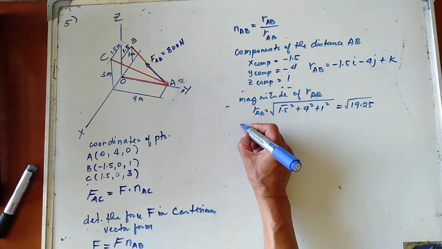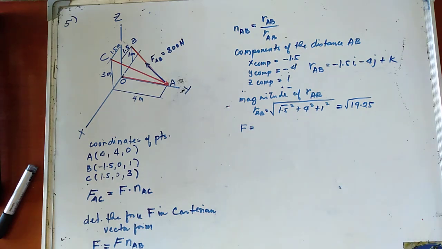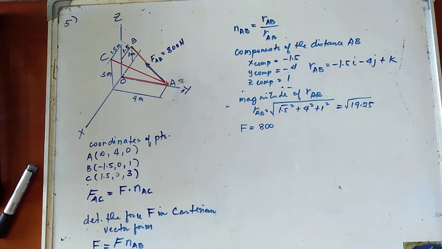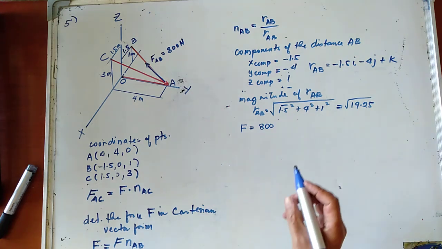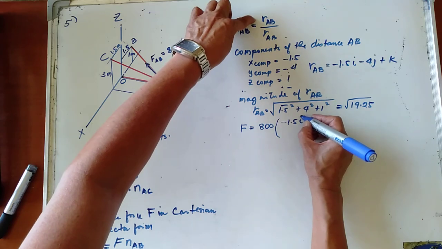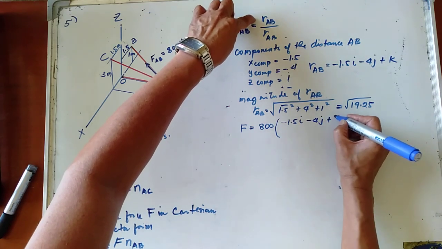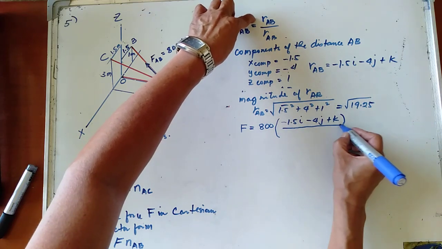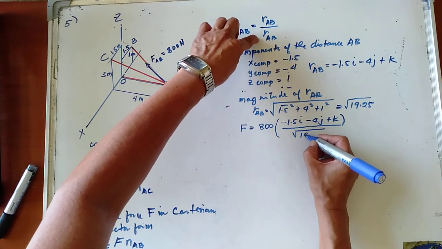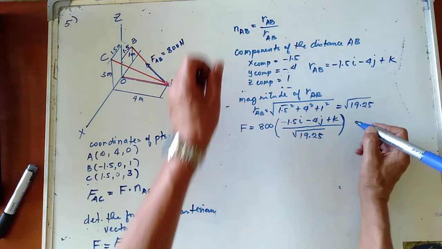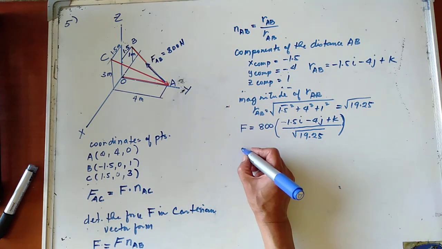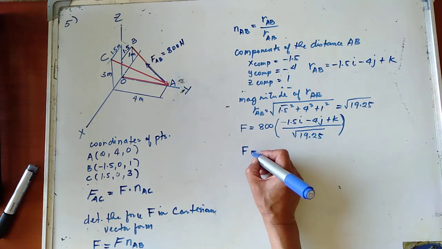So the vector F is equal to the magnitude of that vector, 800 newtons, multiplied by the unit vector, which is r_AB, negative 1.5i minus 4j plus k, divided by the magnitude of the position vector, the square root of 19.25.